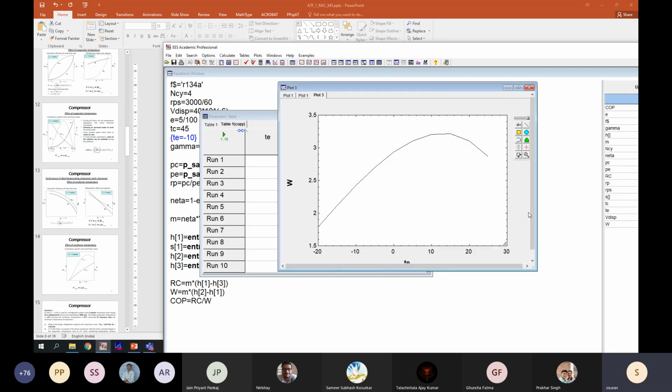Okay, so you see it is peaking at somewhere close to 12, 13, maybe 15 degrees C. So if our operating condition is -10 and if I increase the temperature from -10 to 0, your power demand by the compressor will rise. So your power consumed is going to rise.